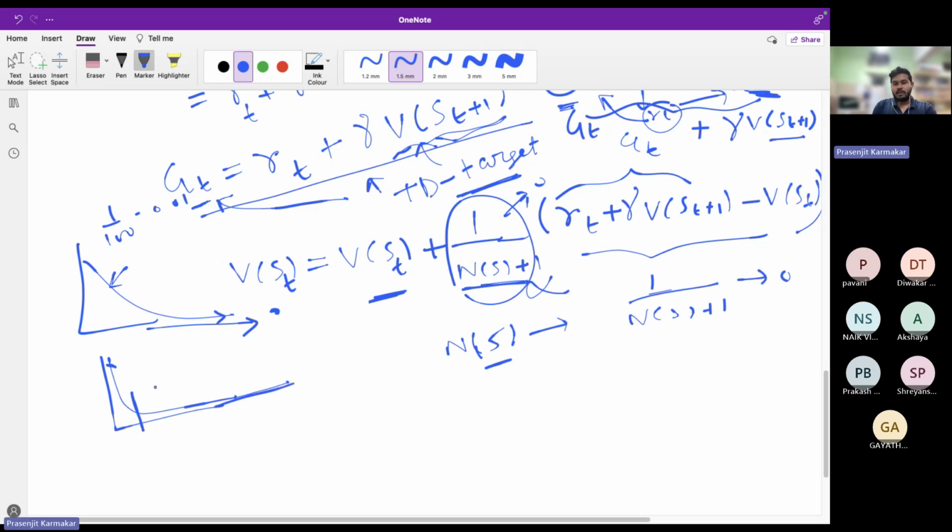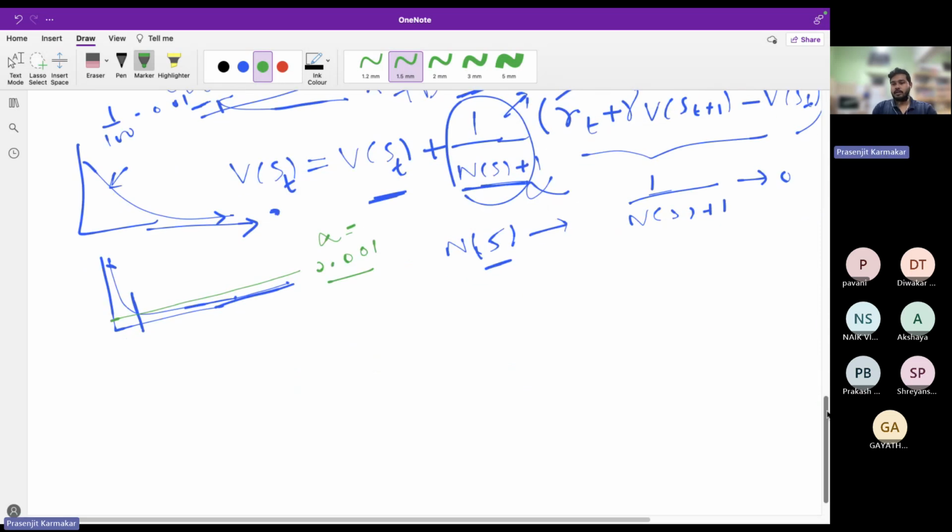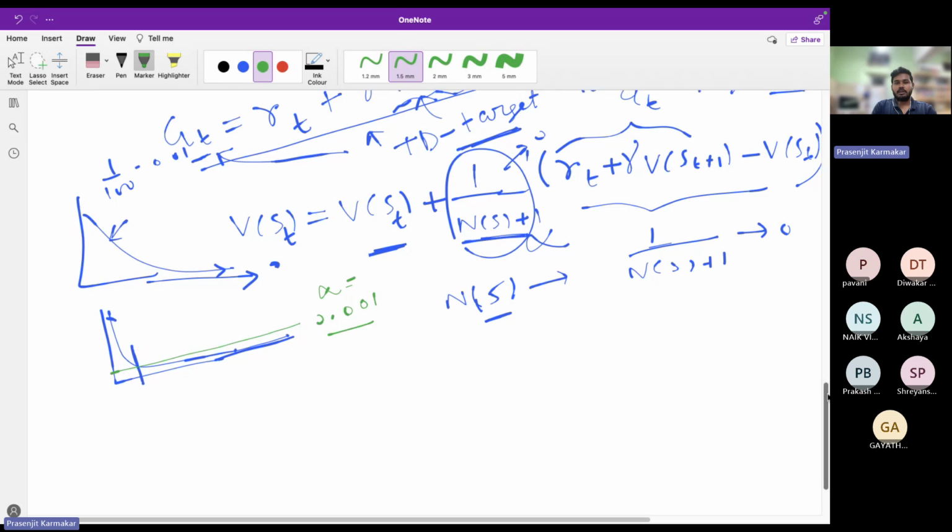So to relax this, you replace this entire thing with a constant value. A constant value can be 0.001. That's your alpha value, the learning rate. After all this modification, the final equation looks like this for TD learning.